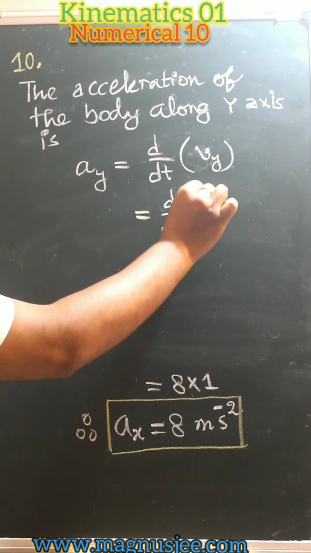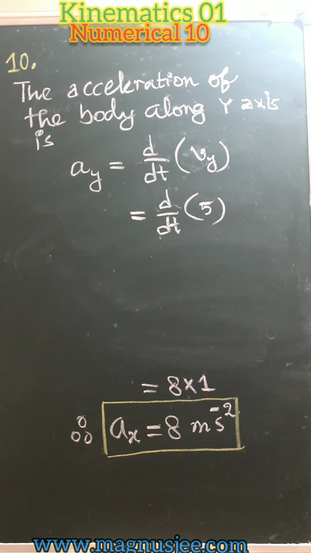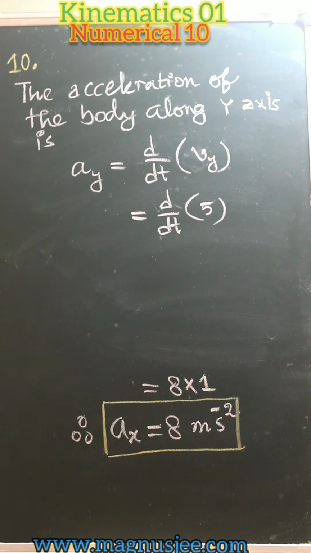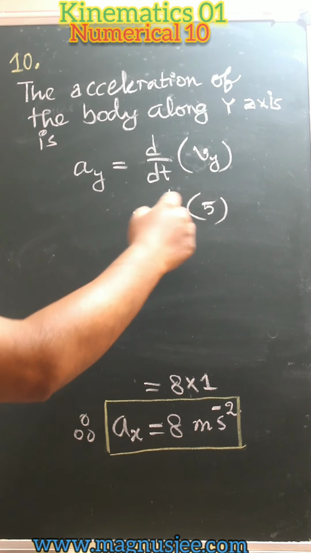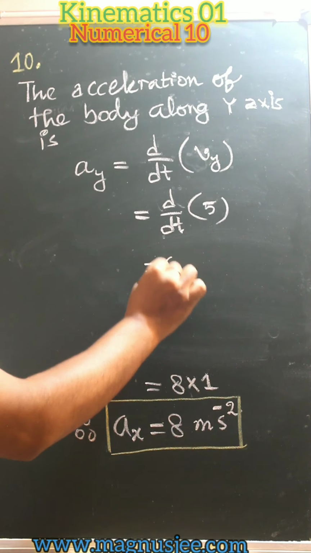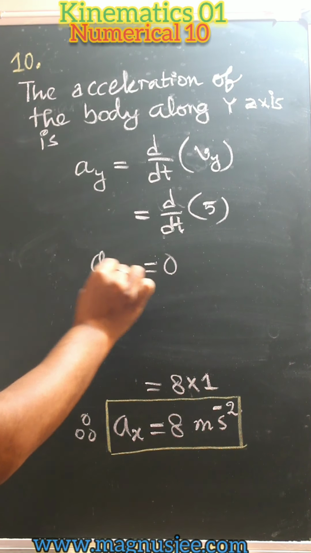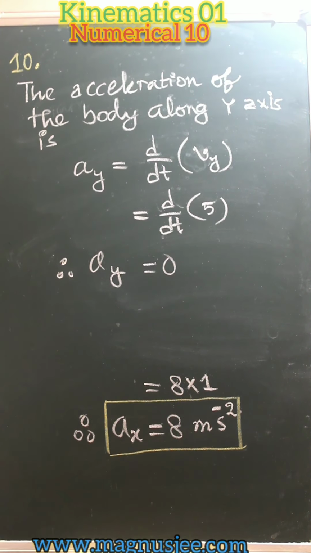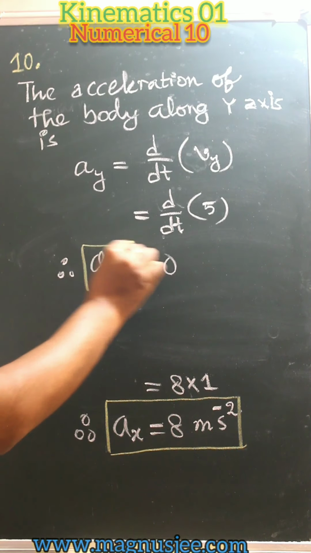Vy is 5, which is constant, so d by dt of 5 is 0, and we get the acceleration of the body along y-axis as 0. Ay equal 0.